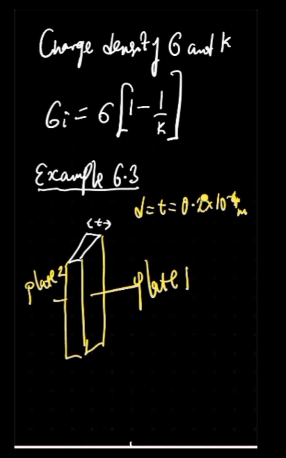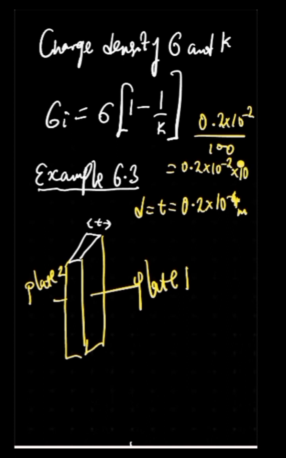For those of you asking how did I get minus 4 so quickly: if you divide by 100, this is the same thing as 0.2 times 10 raised to power minus 2 times 10 raised to power minus 2. Minus 2 minus 2 is minus 4. So that's how I got that. So we can continue now, right?